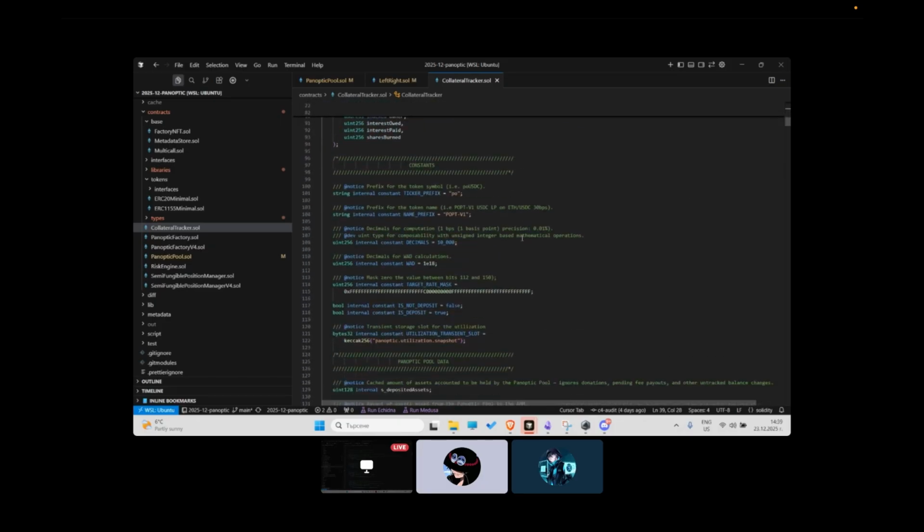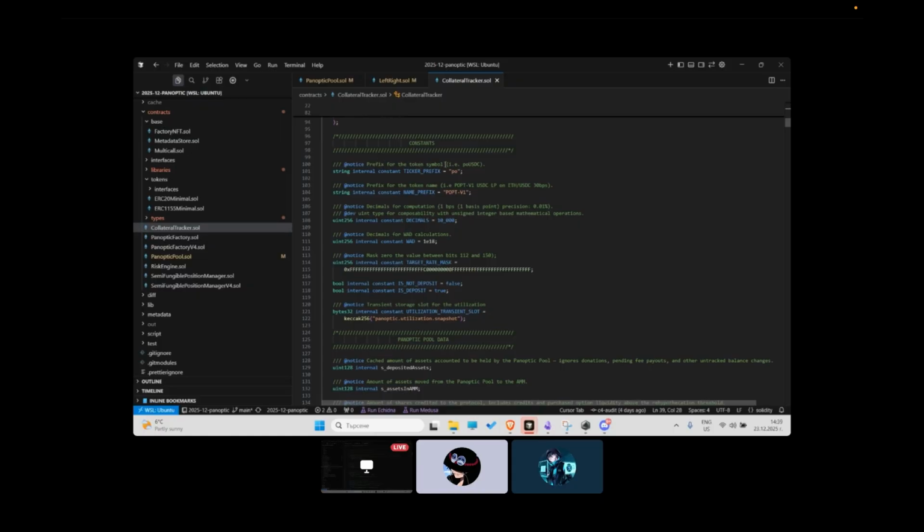So, constants. Panoptic. Okay, so they named their precision unit decimals. Yeah, it's a basis point. Normal.